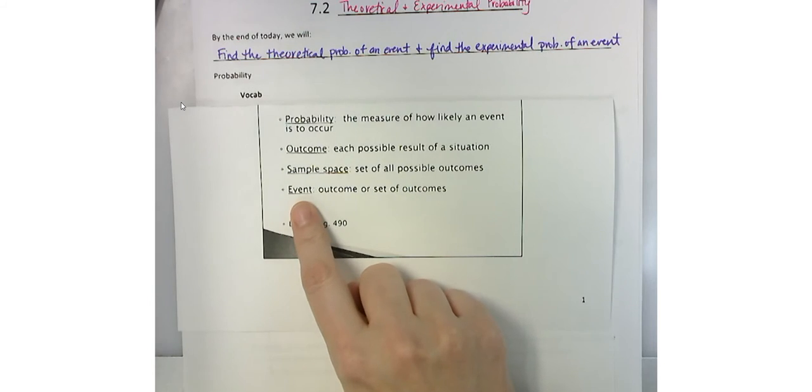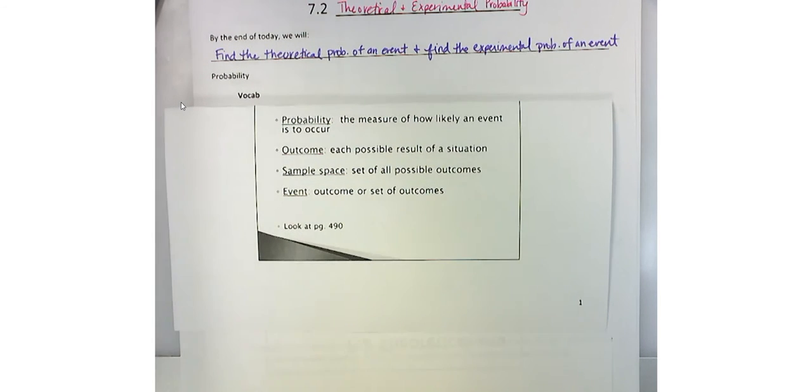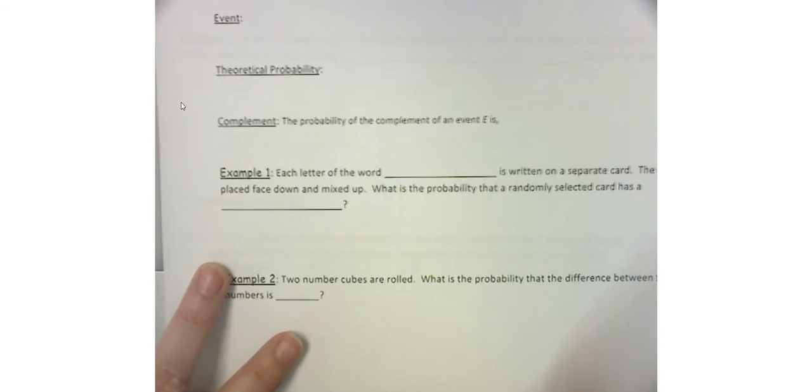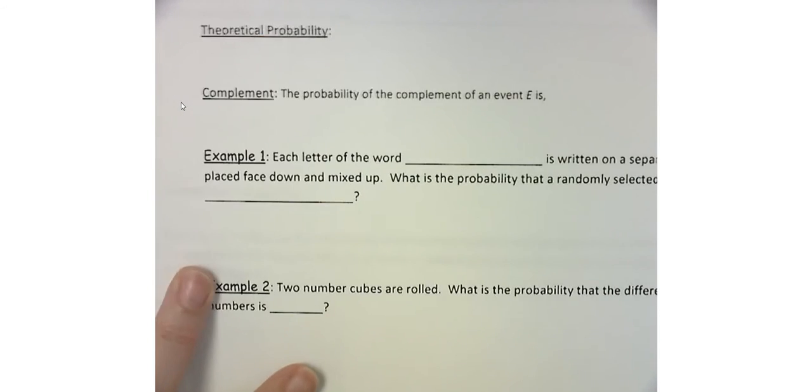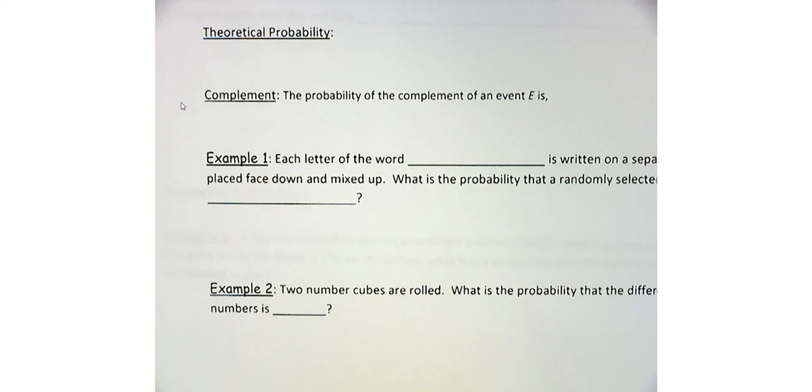And an event is an outcome or a set of outcomes for a specific event. You have a space down here for theoretical probability. In the complement, we are going to read over page 490 and then fill those in.